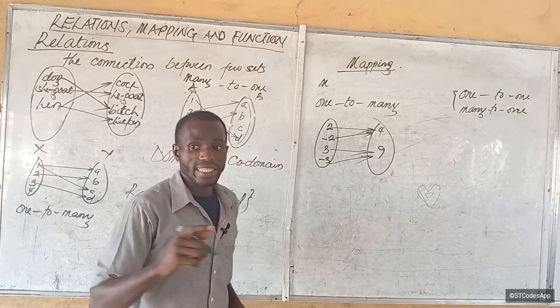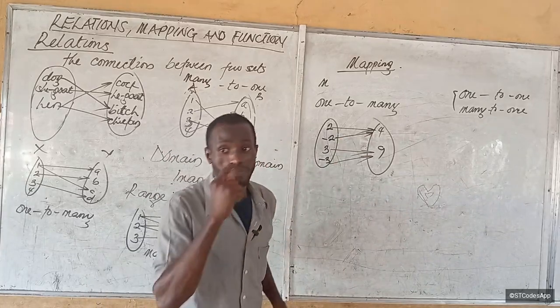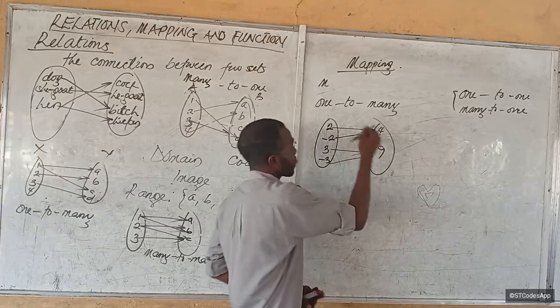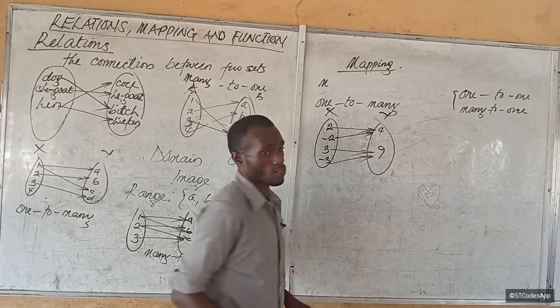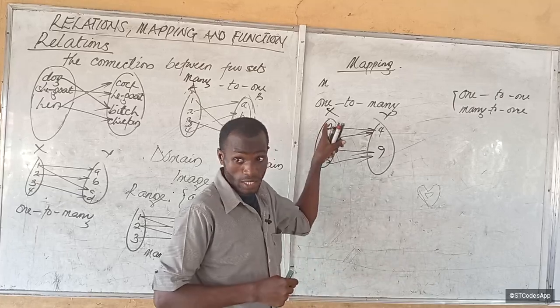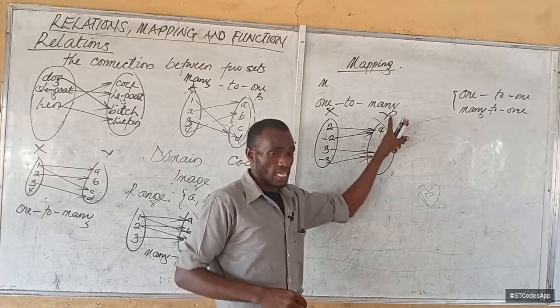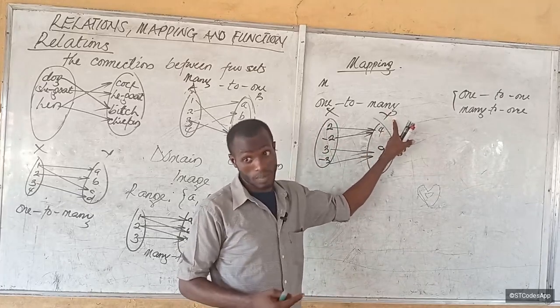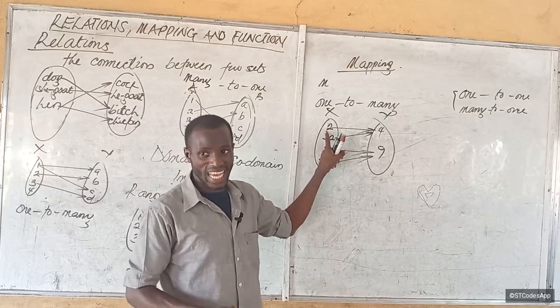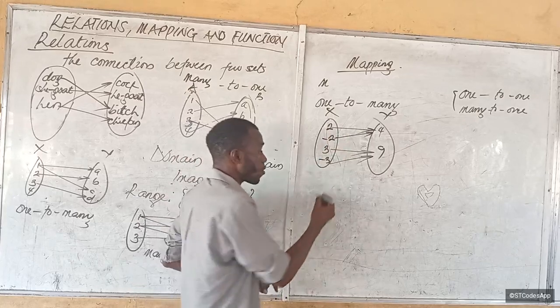Now, the mechanism that brings this value to this place, let's say this was set x, set y. The mechanism that brings a member of the domain, set x, to a member of the codomain, an image, or that gives a member of the domain an image, that mechanism is called a rule.